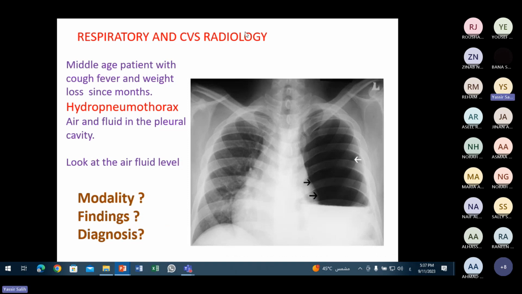Anyone can interpret this image? What is the imaging?